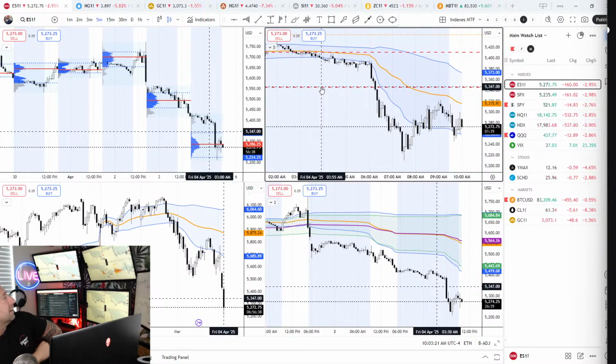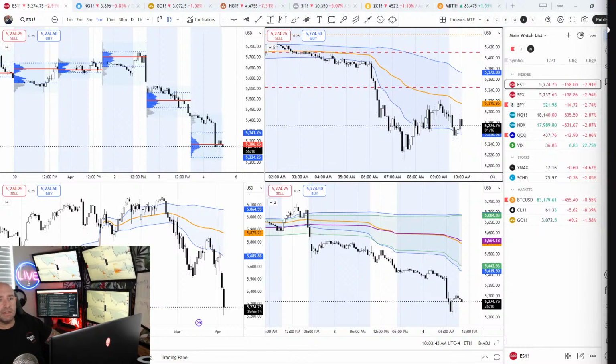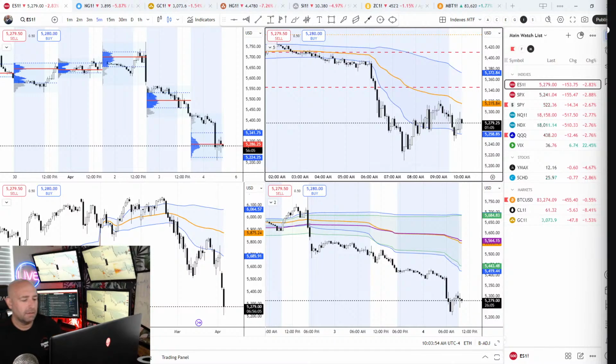So when everything tanks like this, agriculture, energy, both natural gas and oil, all the indexes, precious metals, indicative of a serious risk off appetite. It's a shift in sentiment, so to speak. So people could be worried about a recession.